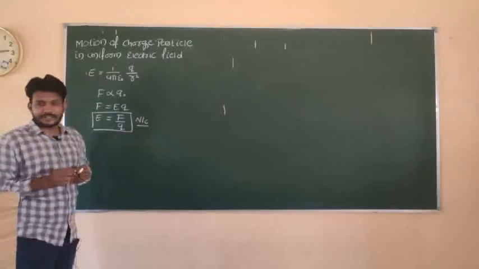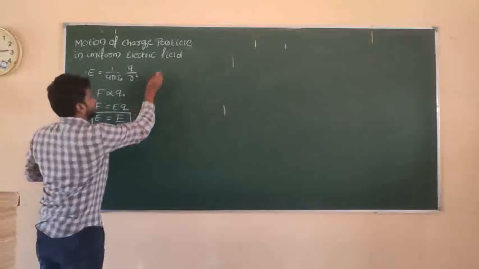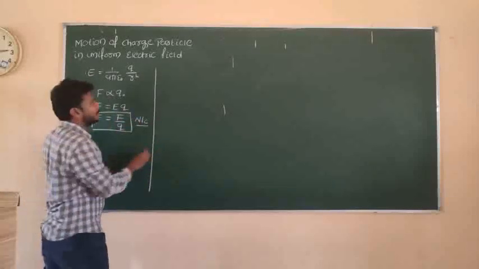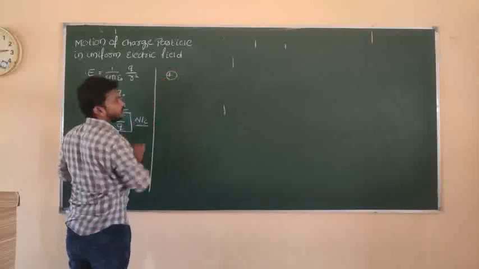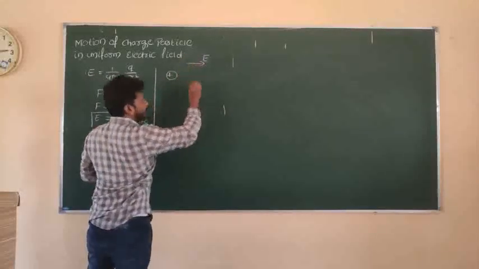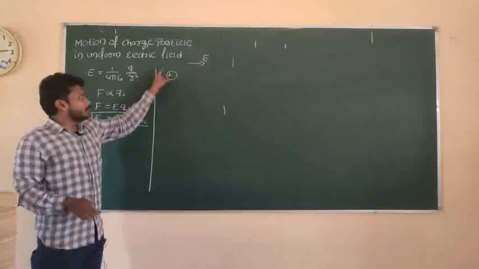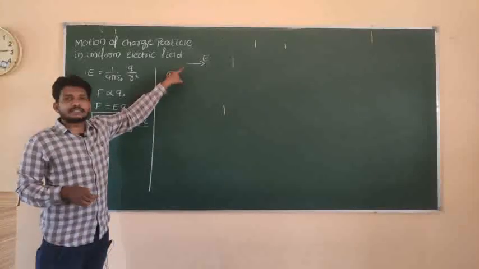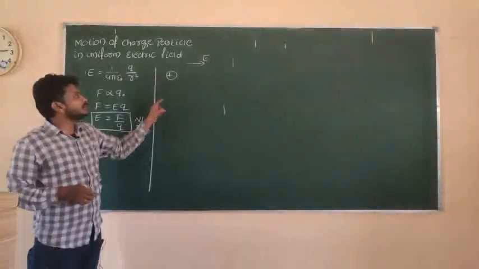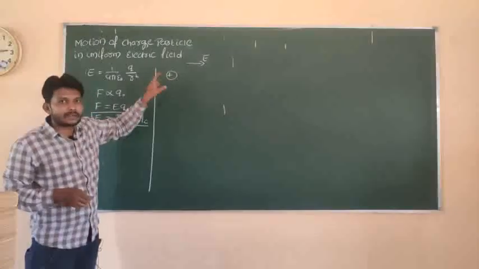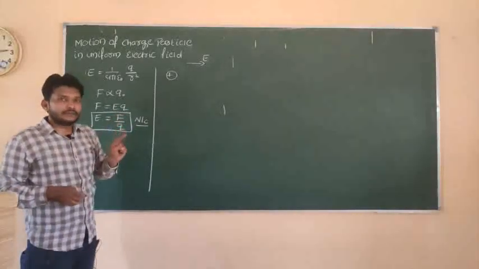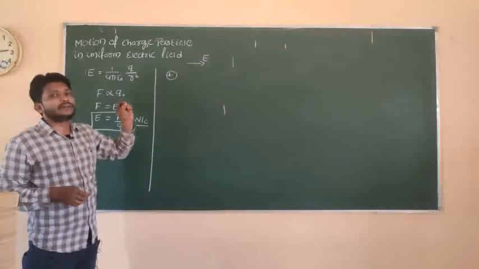Let me consider a charged particle. This is a positive charge, and this is the direction of the electric field. If the positive charged particle is in the presence of a uniform electric field, what is the direction of force experienced by it? For the positive charged particle, the direction of the force is along the direction of the electric field.